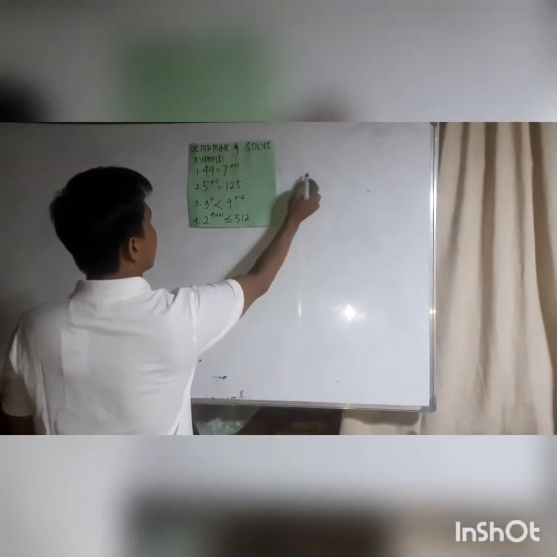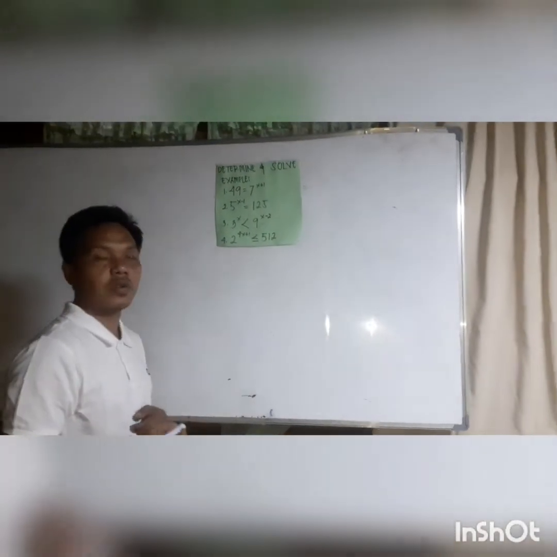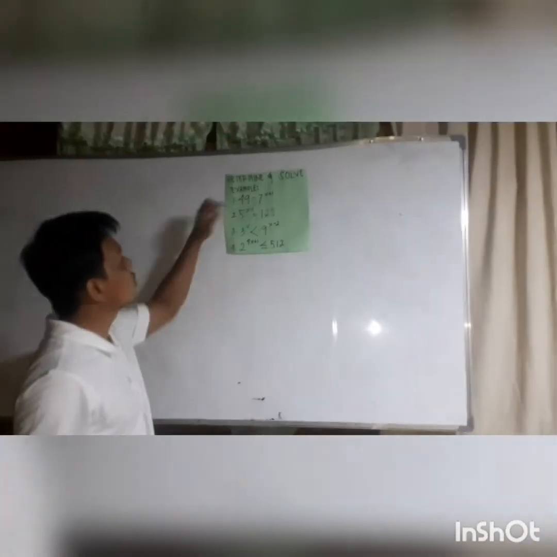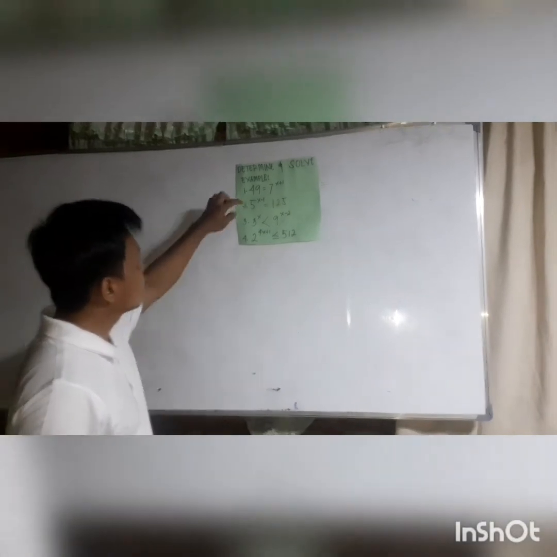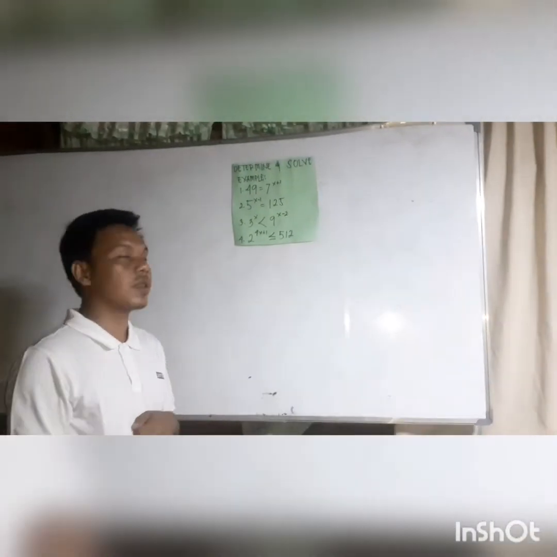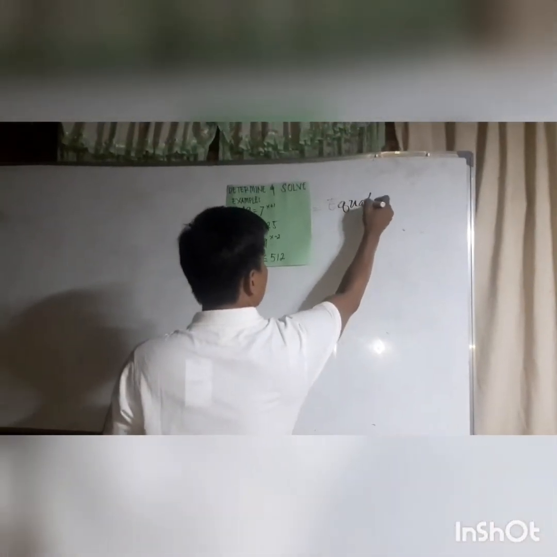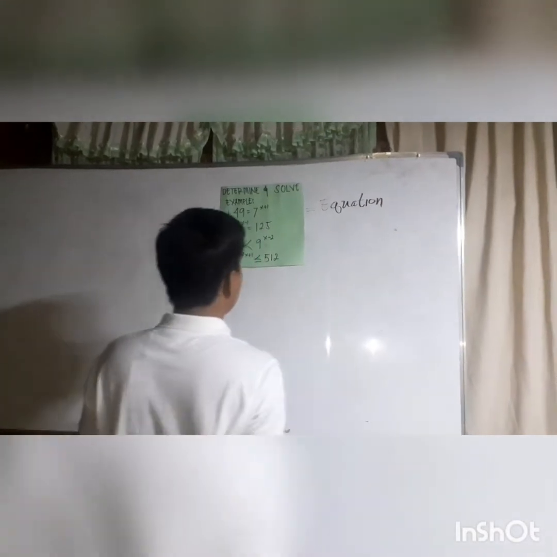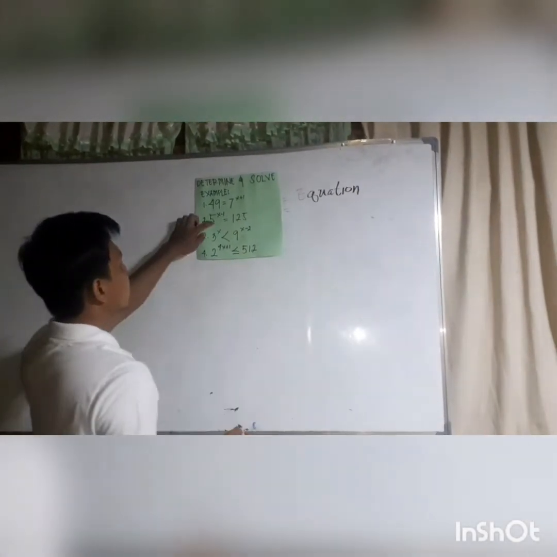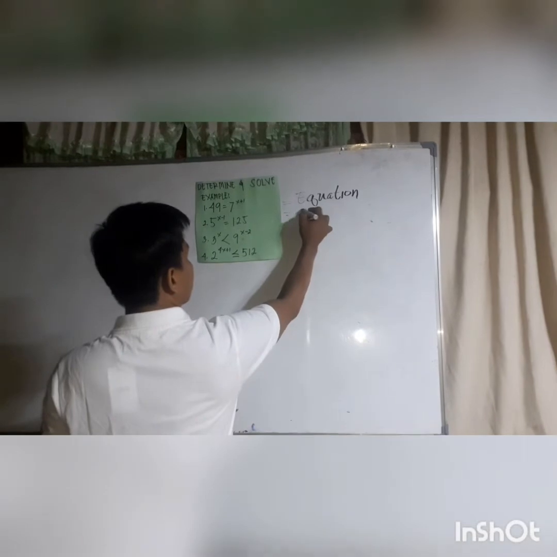this is an exponential equation. Why? Because it is separated by the equal sign. That's why this is an equation. And this one is also an equation.